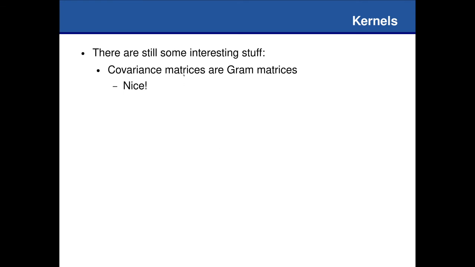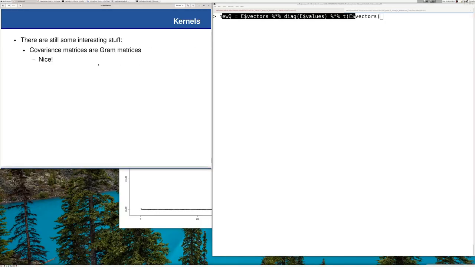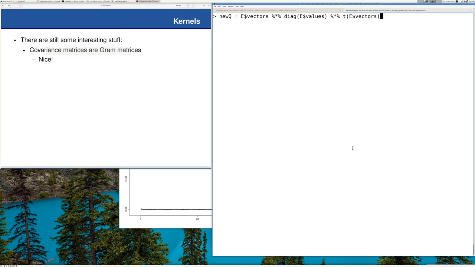Every covariance matrix is a Gram matrix. This is the most important property we've seen throughout the whole course. This means if I get X and multiply by X transposed, this is a covariance matrix. And every covariance matrix is a Gram matrix.